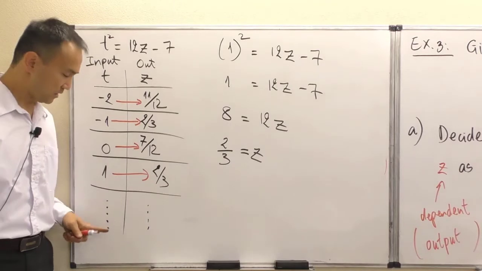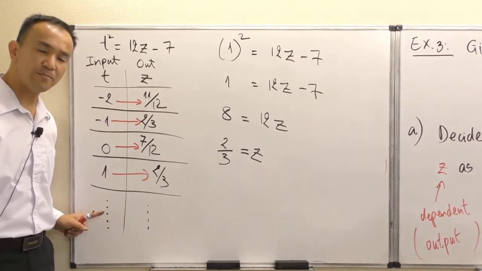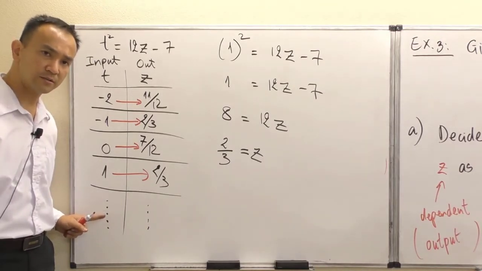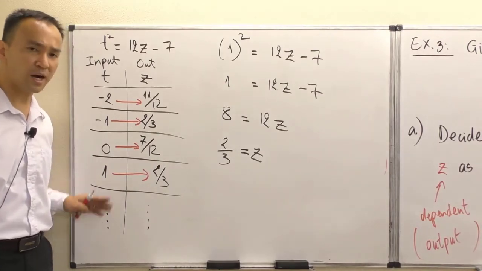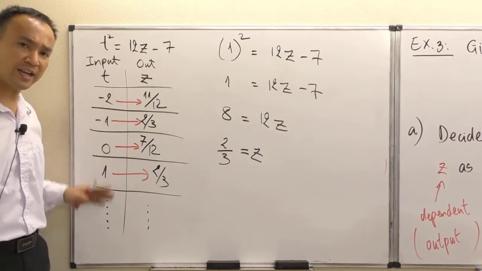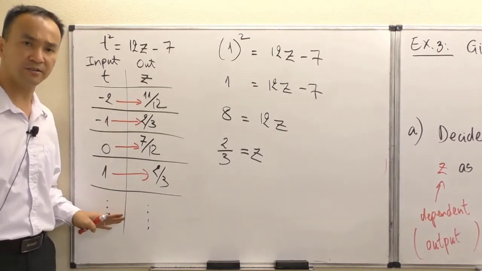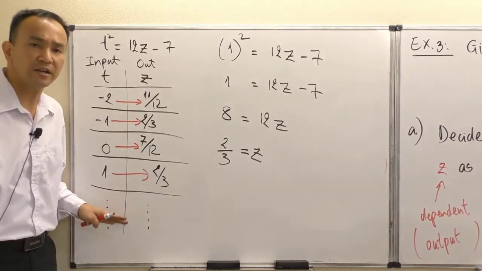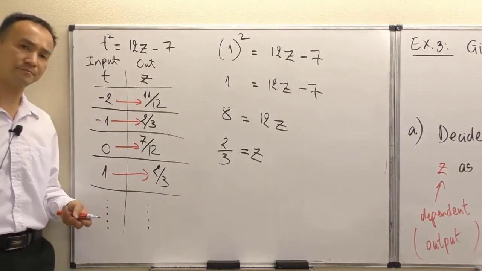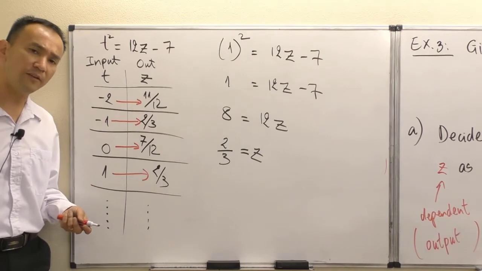We have no way to check if for each input there's exactly one and only one output. So now we have to come up with a better solution. Otherwise, if we just keep trying out, a table is not bad, but the table here reached its limitation. We cannot list every value out there. We cannot reach all values out there.